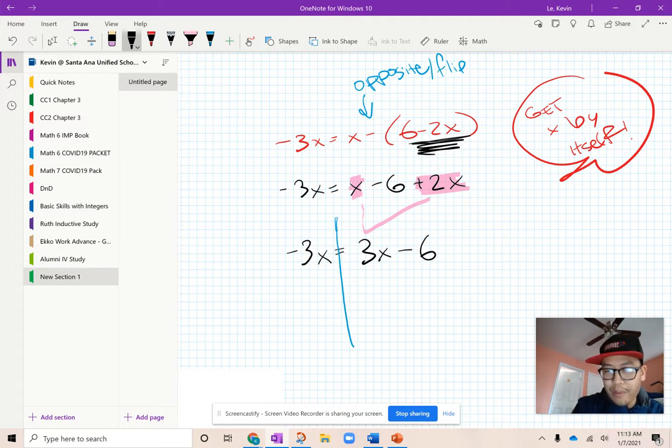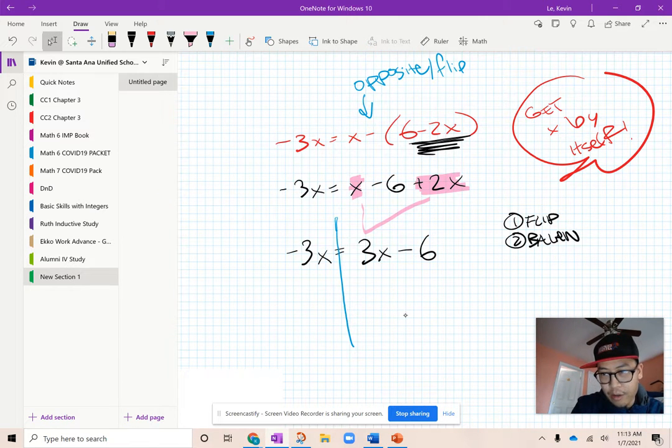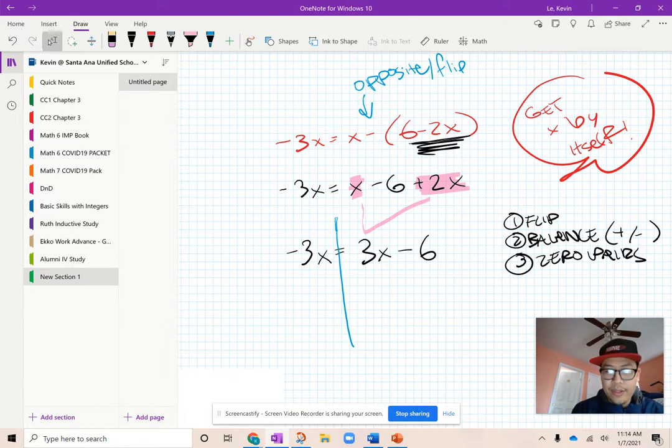So remember our moves that we can do is we can always flip. We can do balances, so adding or subtracting from both sides, or we can do zero pairs basically. So let's see over here. I need my x's all on one side, so why don't we start first with flipping?